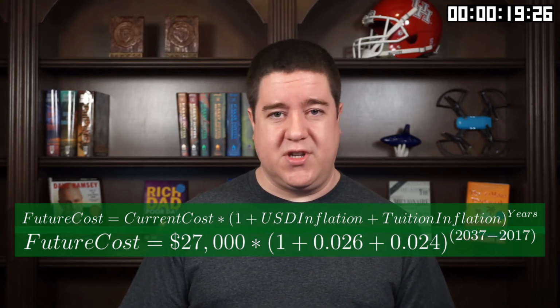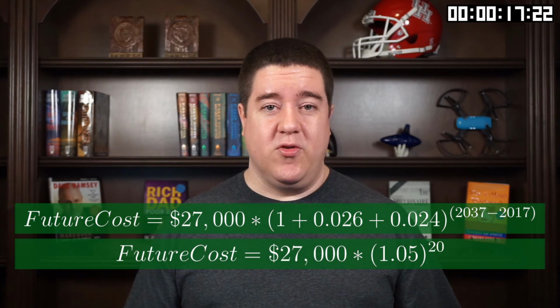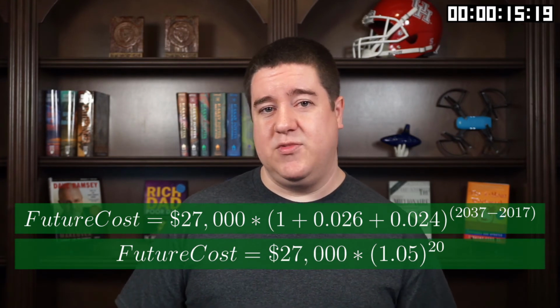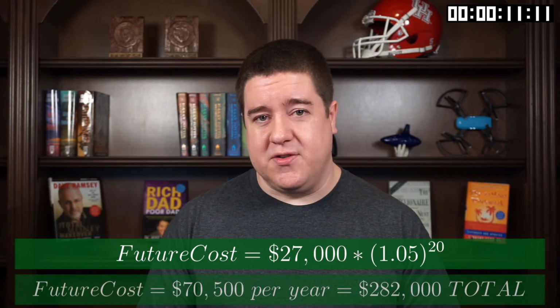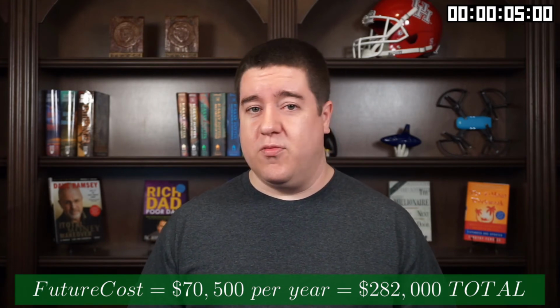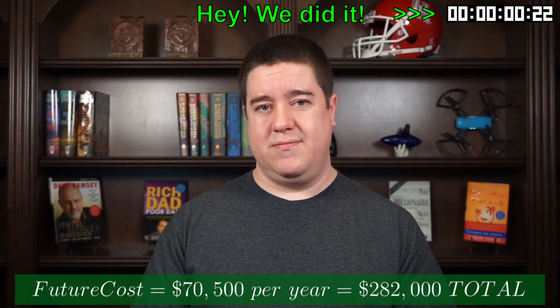That's where the numbers came from. Simplify that down a little bit more. We get 27,000 times 1.05 to the 20, which gives us a final result of $70,500 in future college costs per year, or over a normal 4-year degree, that's $282,000. So just over $250,000 to send your kid to college.